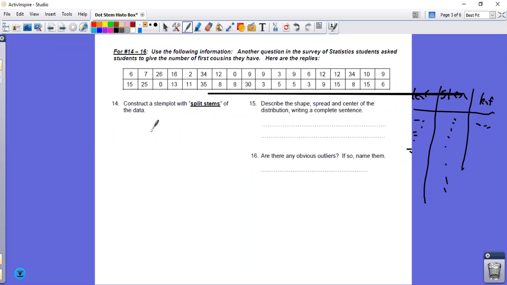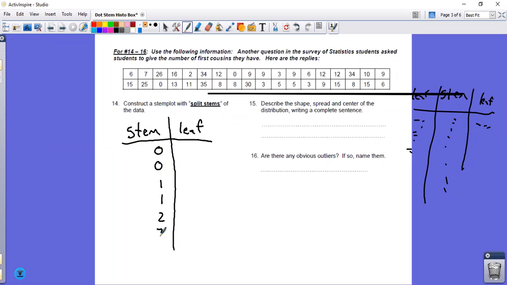A split stem plot is when you have this stem and leaf, and the numbers are only going from, I think, 35 as your highest and 0 as your lowest. So instead of just doing 0, 1, 2, 3, which would just give you 4 stems and a lot of numbers, they split the stems to 0, 0, 1, 1, 2, 2, 3, 3.